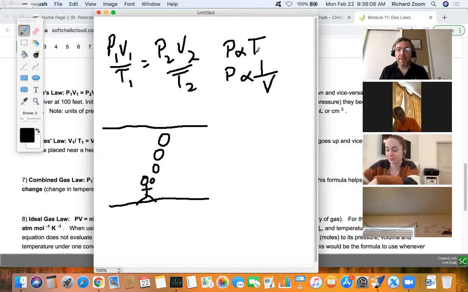The idea being that because the temperature has dropped, the pressure in their tires has dropped, and a little light has come on, and these people are now lined up to put air in their tires. So that's an example of the relationship between pressure and temperature. But the bottom line here is that we've got this inverse relationship between pressure and volume, and then a direct relationship between temperature and pressure.